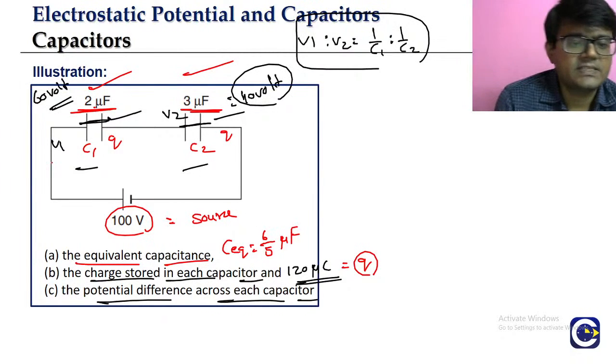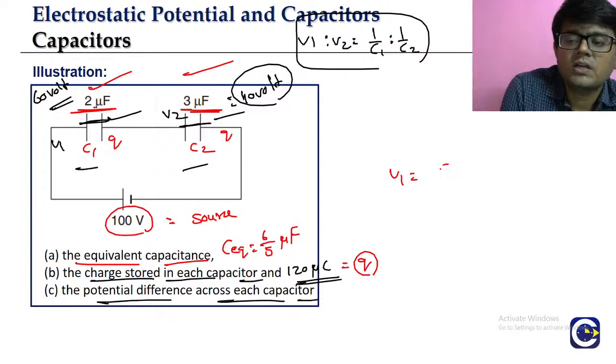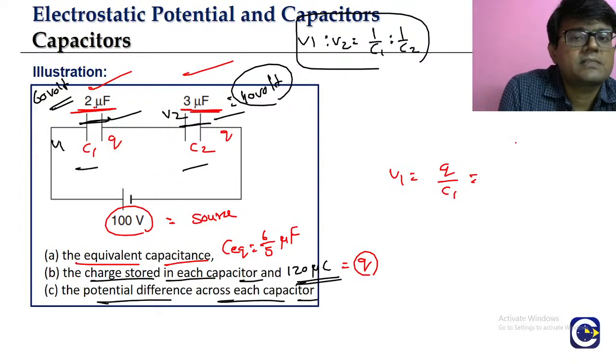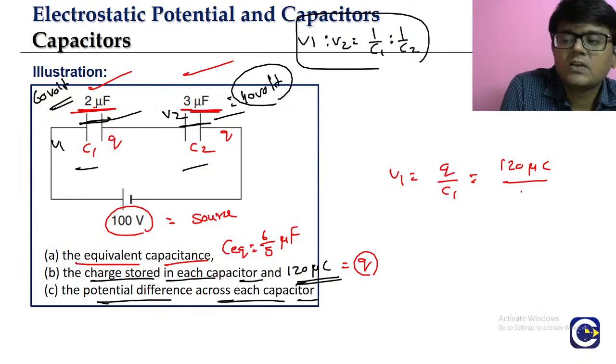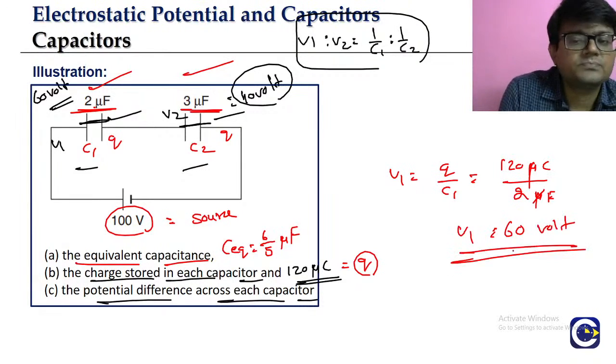They'll have the same charge. Look here, V1 will be equal to what? Charge divided by its capacitance. Charge is how much? 120 microcoulombs divided by capacitance, which is 2 microfarad. Micro cancels. What is it? 60 coulomb divided by farad will be what? Volt. That is V1.